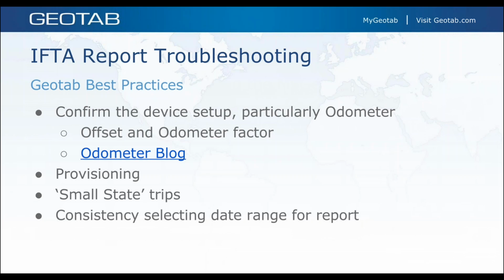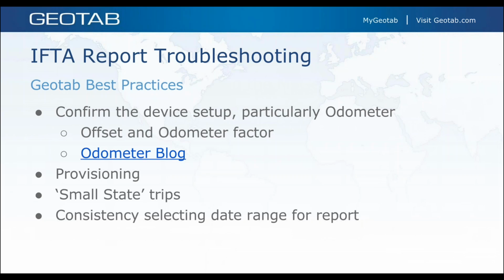There are possible cases where, if the connection has an issue, it might report odometer periodically, so it gives the impression that the odometer reading is correct, when in fact it is intermittent and is not giving a consistent reading. So really it's just making sure that the engine readings, all that information, is looking good, running the IFTA report, even if it's not a filing period, just to see what kind of data you're getting, and you can tell quite quickly if there are any issues with the odometer.